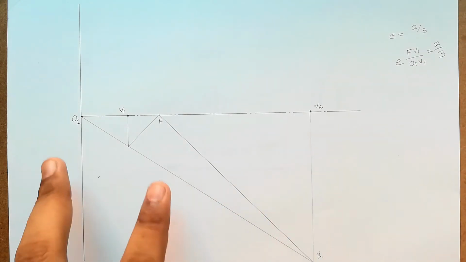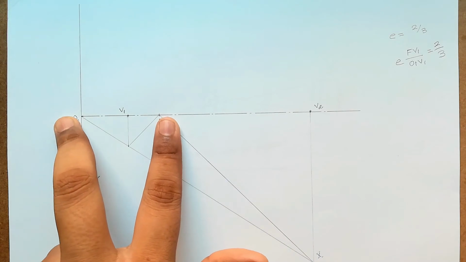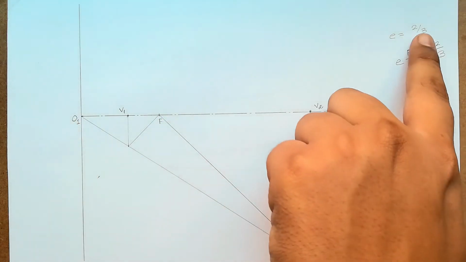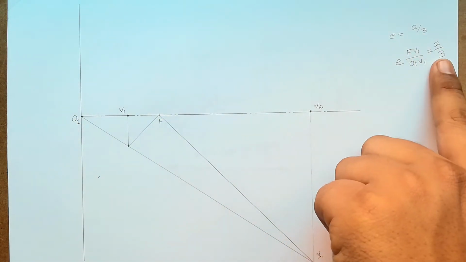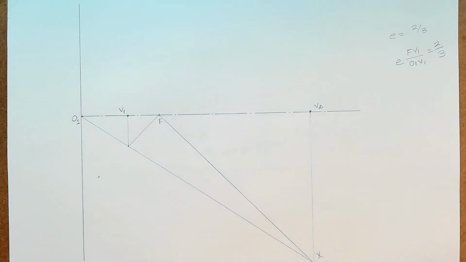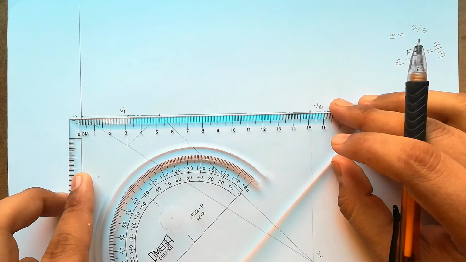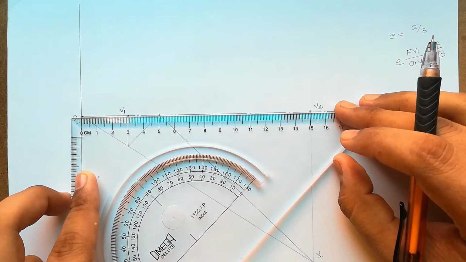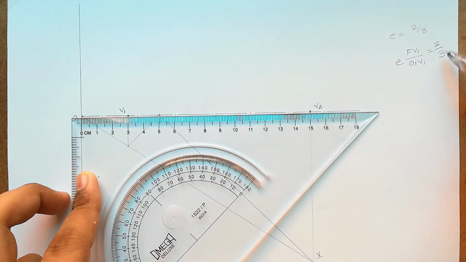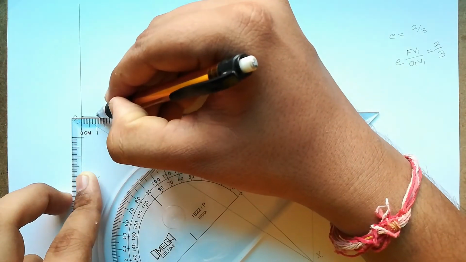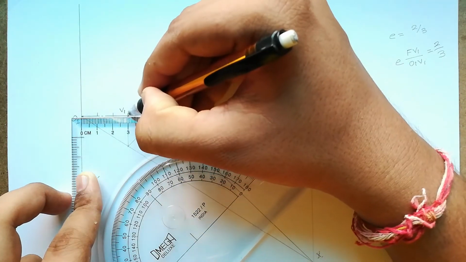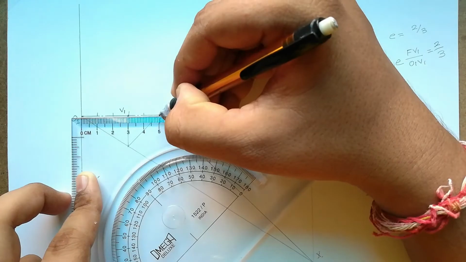So we can create that particular ratio such that it comes out as 2 by 3. So 2 plus 3 is equal to a total of 5. So we can divide the whole section from O2 to F into 5 divisions, because 2 plus 3 is equal to 5. So this is 1, 2, 3, 4 and 5.